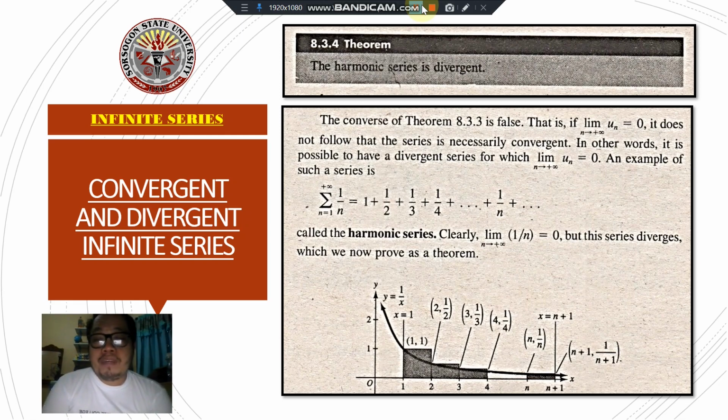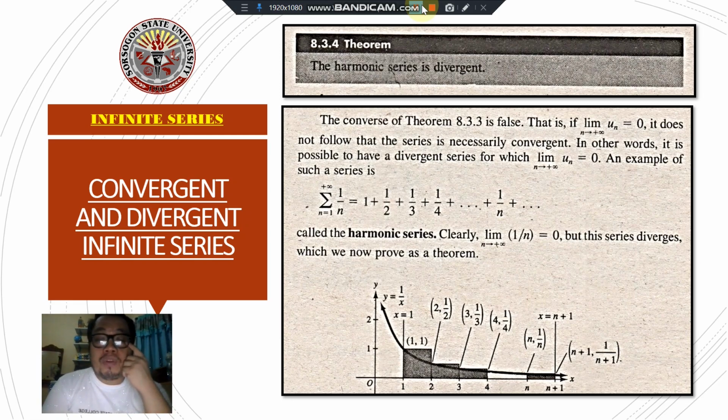So an example of such a series is the harmonic series, which is in the form of the summation of 1 over n, where n equals 1 to positive infinity, which is equal to 1 plus 1 half plus 1 third plus 1 fourth, up to plus 1 over n, up to infinity.